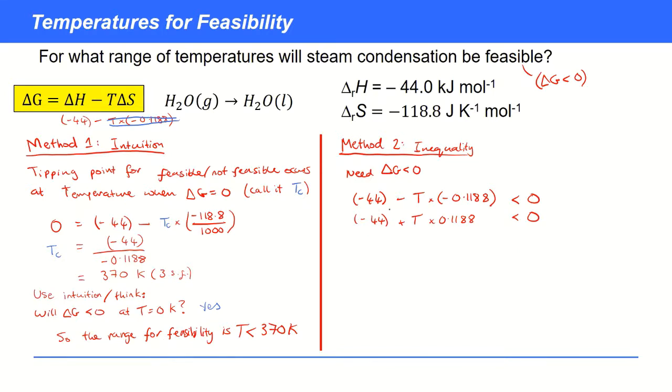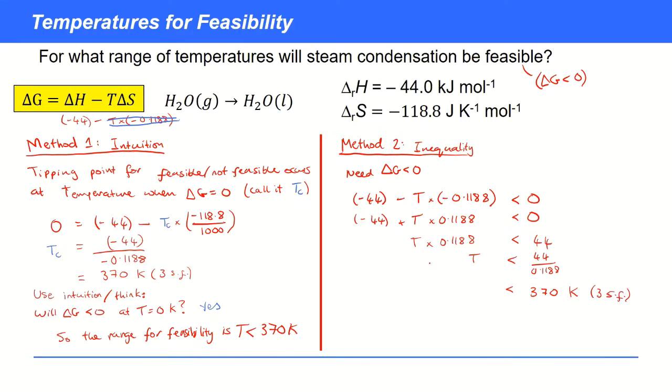So if I add 44 to both sides, I get rid of this, and I end up with T times 0.1188 is less than 44, and therefore when I divide through this time by a positive number, I get T is less than 370 Kelvin to 3 SF, and that way I've done it all in one step.